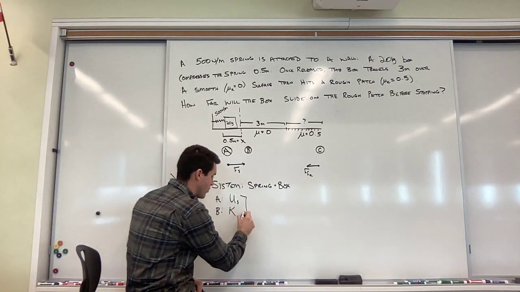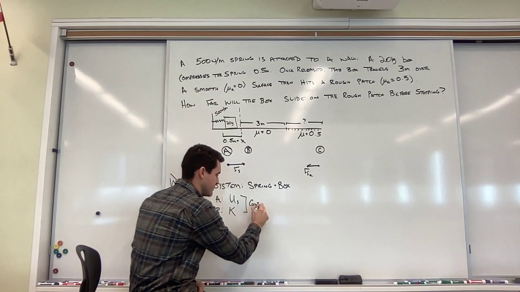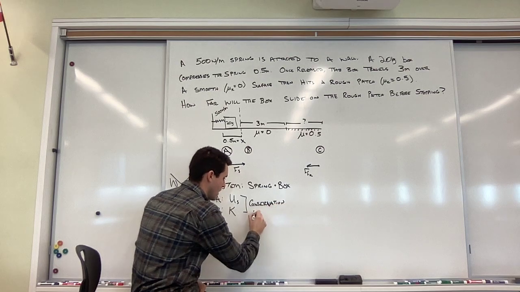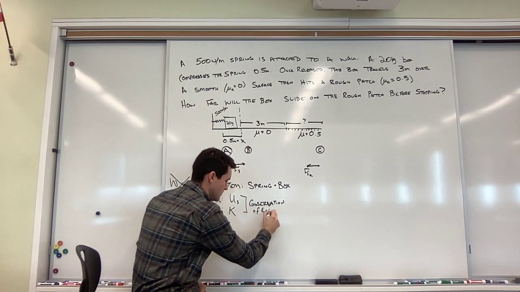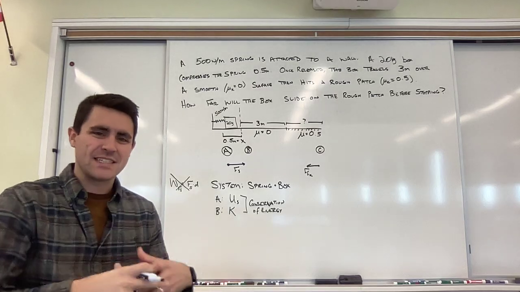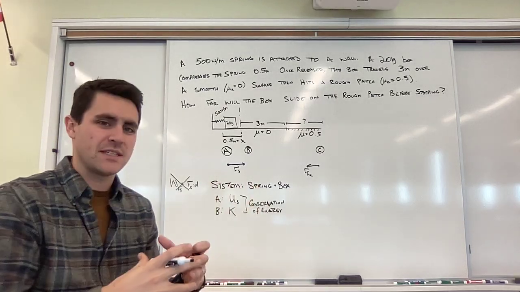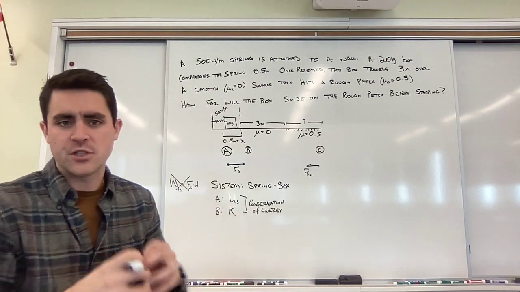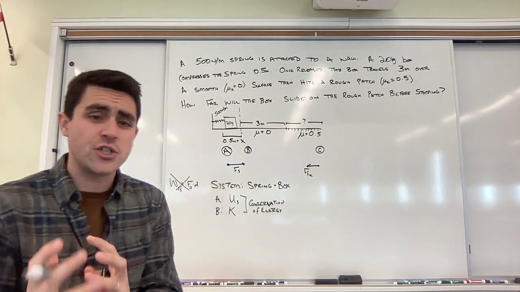This is an example right here of conservation of energy, where a force that is inside my system, and because the spring box is my system, the spring force is within my system. Internal forces will cause transformations of energy.